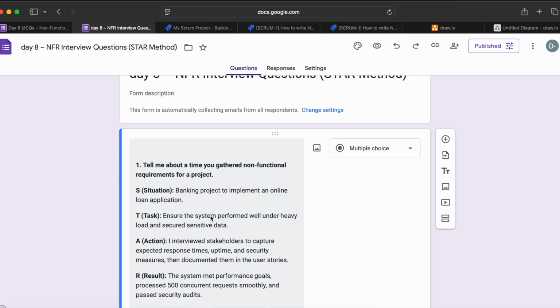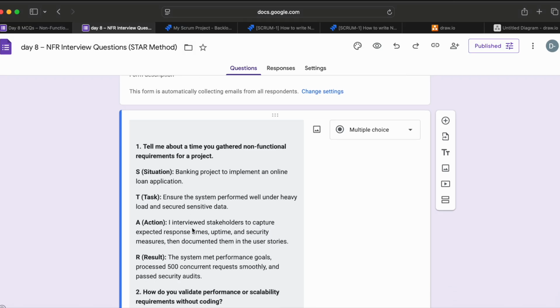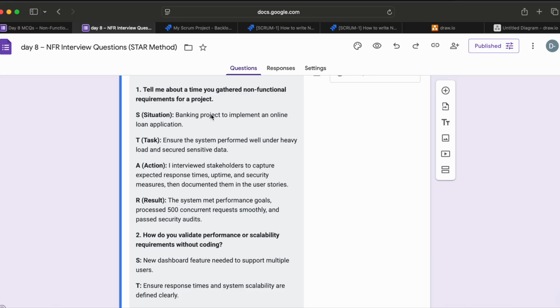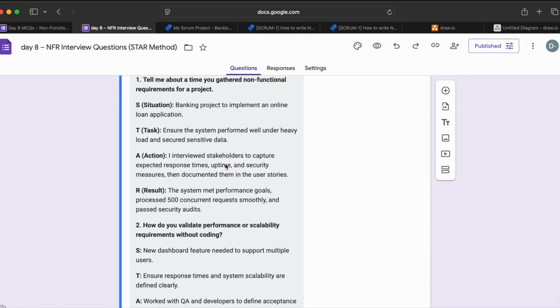The first question, the standard one, tell me about the time you gathered non-functional requirements for a project. So you can include your project here, for example, the banking project to implement an online loan application. The task was to ensure the system performed well under heavy load and secured sensitive data.